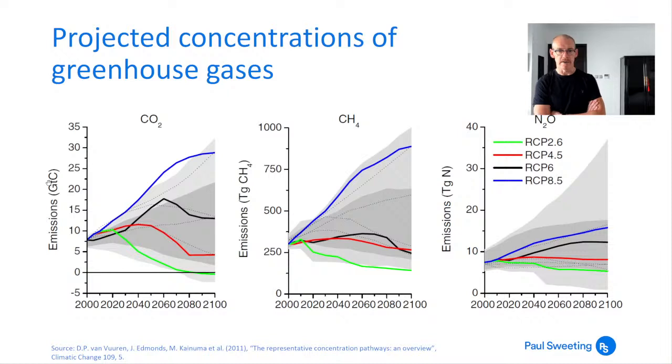So these charts here are taken from a paper relating to AR5, the representative concentration pathways, and it looks at what the projected concentrations of those 3 greenhouse gases are from 2000 to 2100 under the different scenarios, which is quite interesting. What's more interesting to me is the grey shaded areas there. Now those shaded areas give the 95 and 98% confidence intervals.